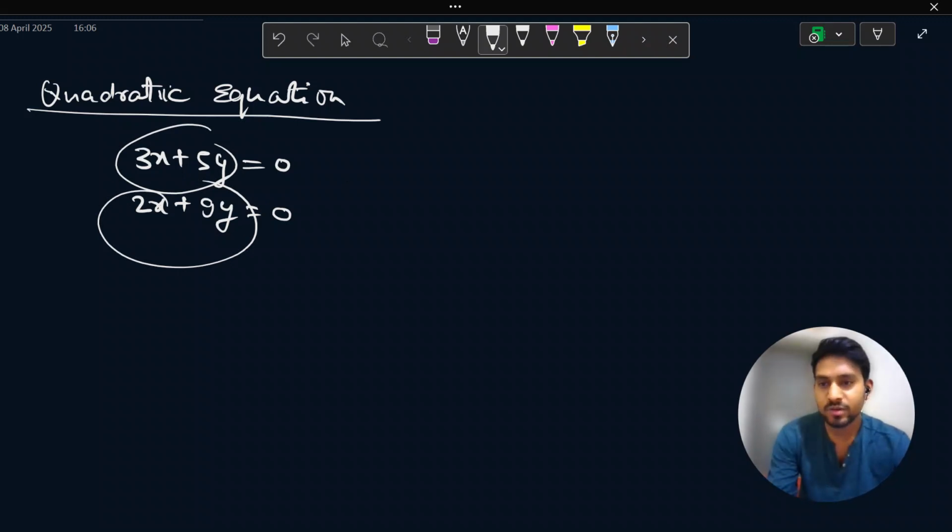Here we have to talk about the quadratic equation. So what is the meaning of quadratic? Quadratic means any expression having power 2.